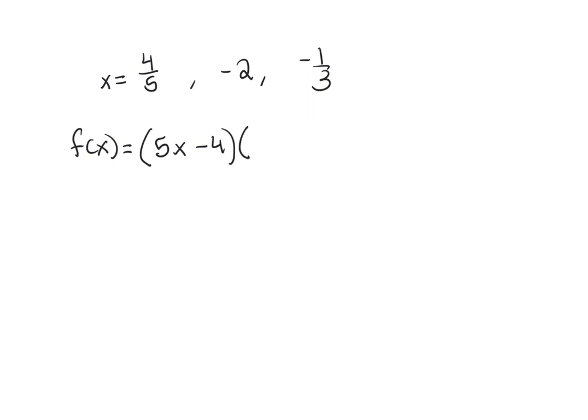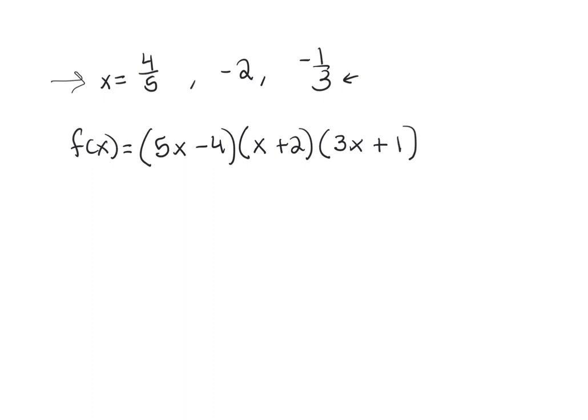If you have a zero of -2, then you have a factor of x plus 2. And this last one, dividing by 3 means you have 3x, and then that negative means plus 1. So there are 3 factors that would result in those zeros.